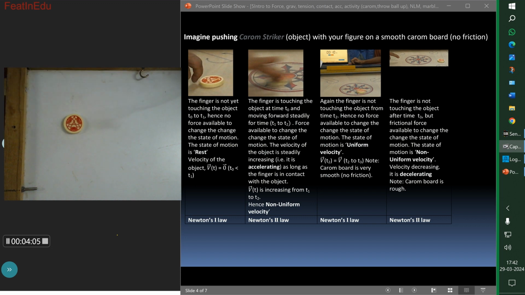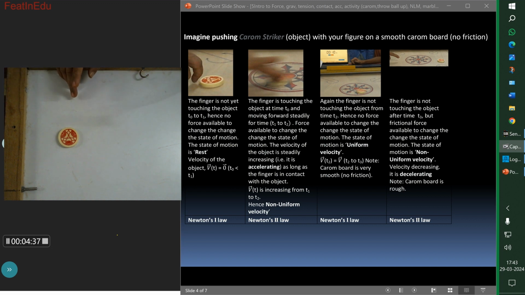The second law says the velocity of the body changes if and only if a force acts, and the amount of change of motion is directly proportional to the amount of force acting, and inversely proportional to the inertial mass. If I had taken a bigger body, then for the same force, the change would have been less. That is in accordance with Newton's second law.